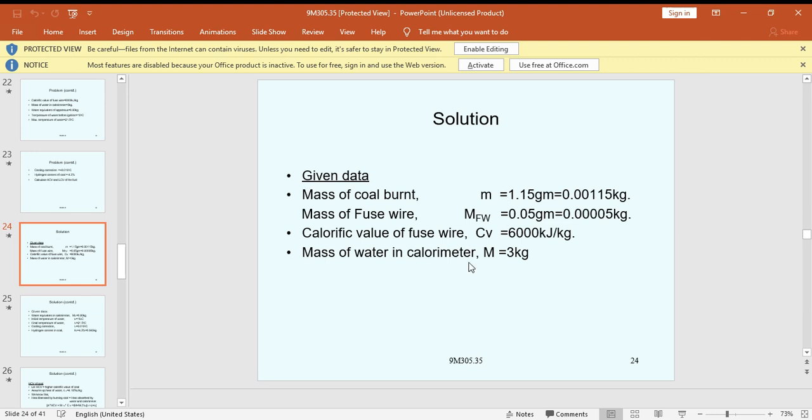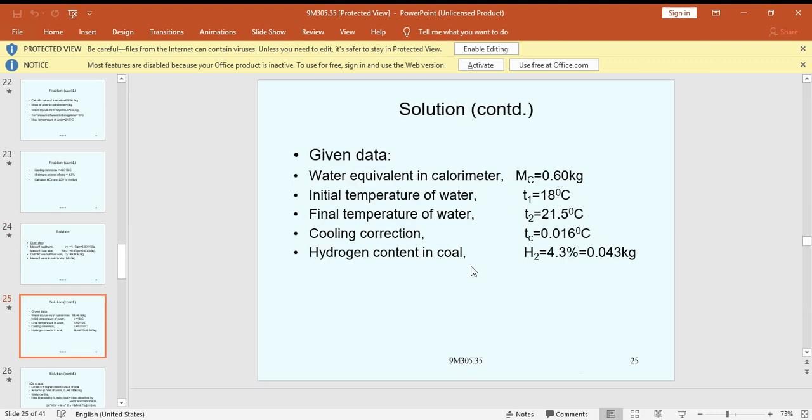And calorific value of fuse CV equal to 6000 kilojoule per kg. And mass of water 3 kg. And water equivalent of thermometer MC equal to 0.6 kg, and initial temperature T1 equal to 18 degrees centigrade and T2 equal to 21.5 degrees centigrade and Tc equal to 0.016 degrees centigrade.